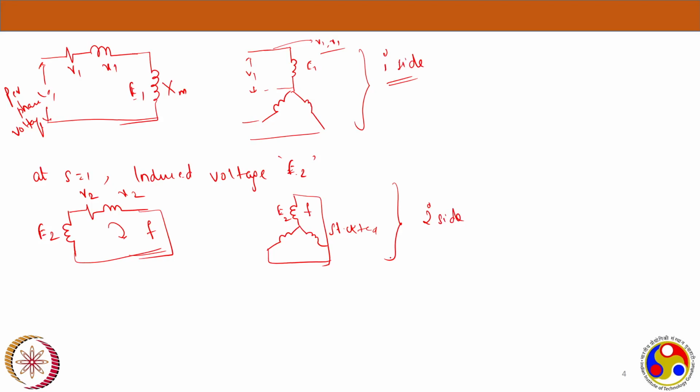Now we are seeing some notations here: R1, X1, R2, and X2. These are nothing but the stator resistance per phase, stator leakage reactance per phase, rotor resistance per phase, and rotor leakage reactance per phase. Stator resistance per phase.